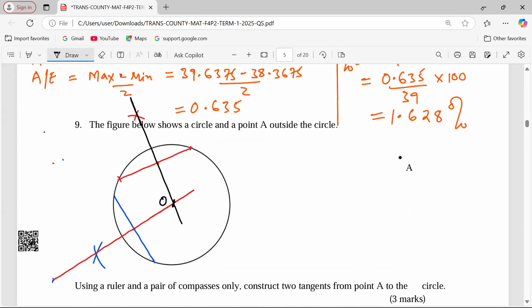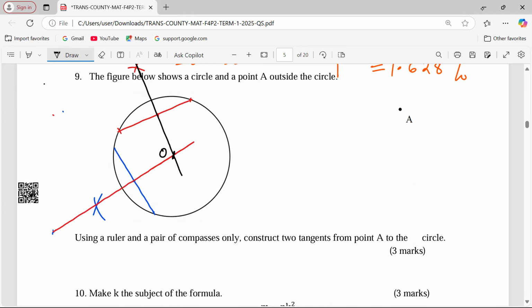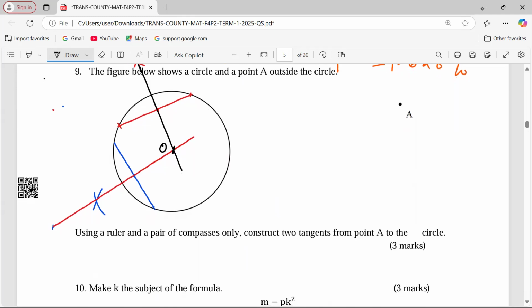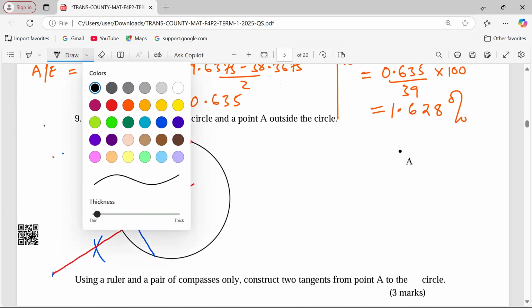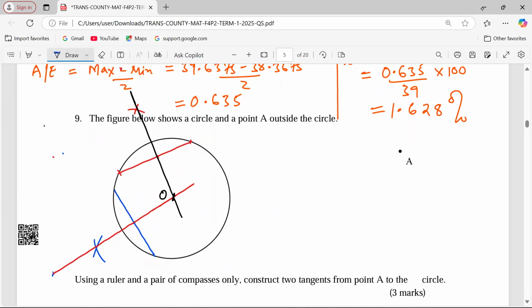So now that we are having the center of the circle, now we can proceed to draw tangents. Drawing a tangent from an external point means we first join point A to the center of the circle.